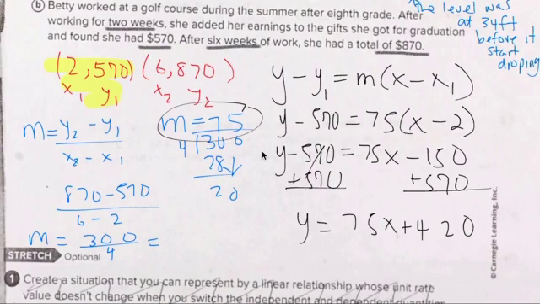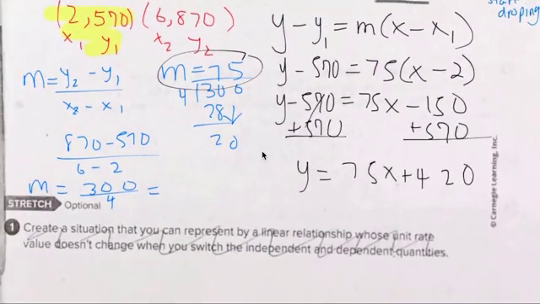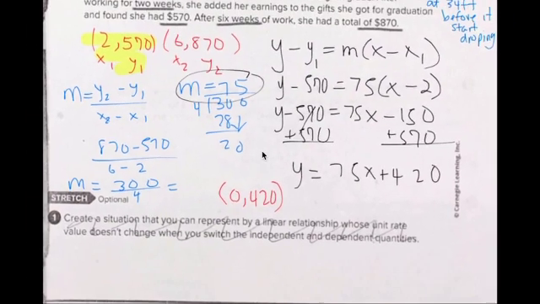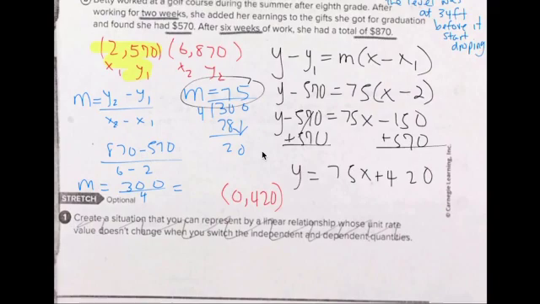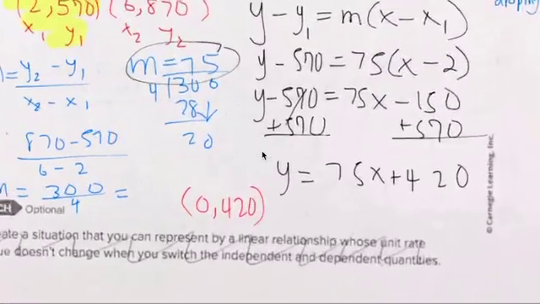Okay, so Betty, the y-intercept, b, is 0, 420. That means she got $420 from her graduation before she starts saving.